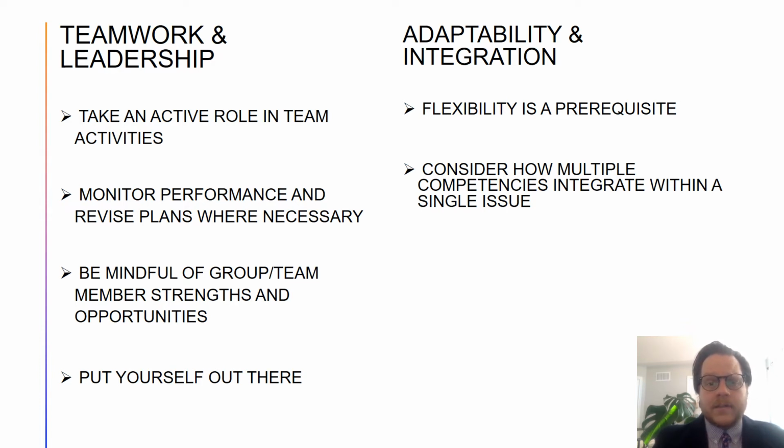Coming up next, we're going to talk about the planning stage and what is required of that. But specifically as it relates to teamwork and leadership, really make sure that you remember the importance of staying on top of your deadlines, holding yourself accountable and holding your teammates accountable to the agreed upon timelines.